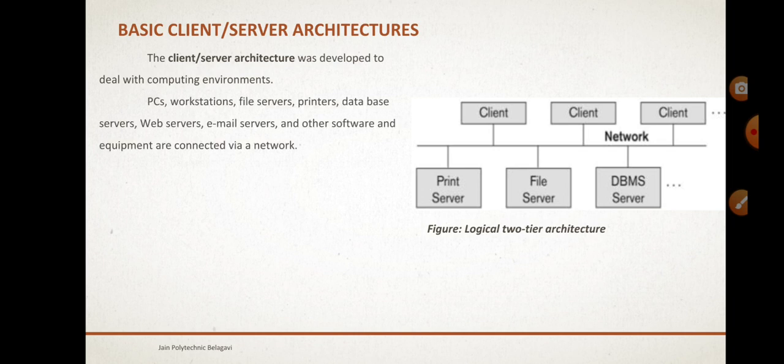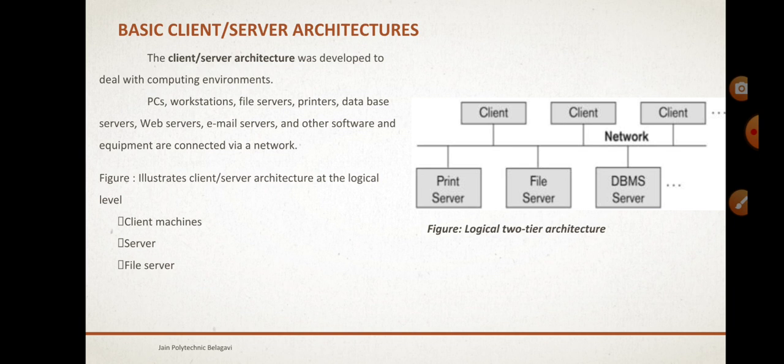The client server architecture was developed to deal with the computing environment where PCs, workstations, file servers, printers, database servers, web servers, email servers, and other software and equipment are connected via network, as shown in the diagram. So client machine, server, file server, web server, or email server.